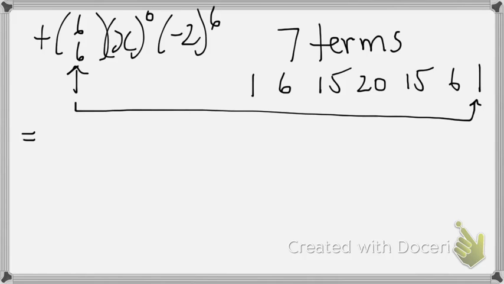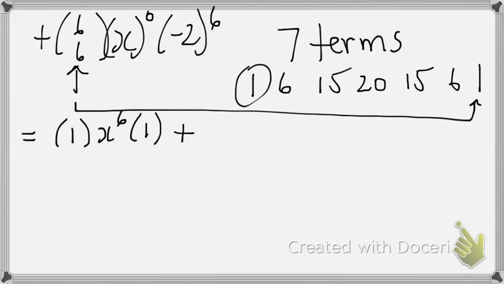So we know that 6 choose 0 is just going to be 1, because it's that value of Pascal's triangle. Then we have x to the power of 6, and we have negative 2 to the power of 0, which is just 1. So there's our first term. The next term is 6 choose 1, which corresponds to this.